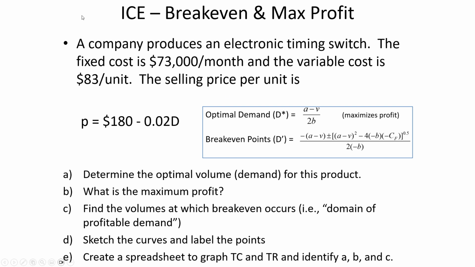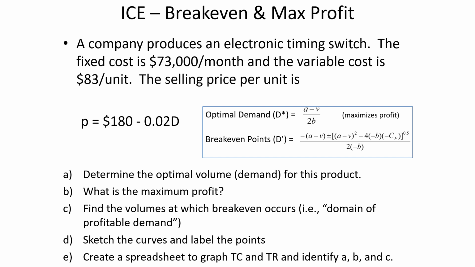In the statement up here, it's saying the fixed costs are $73,000 a month and the variable cost is $83 per unit. So the C sub F, the fixed costs, are $73,000 per month.